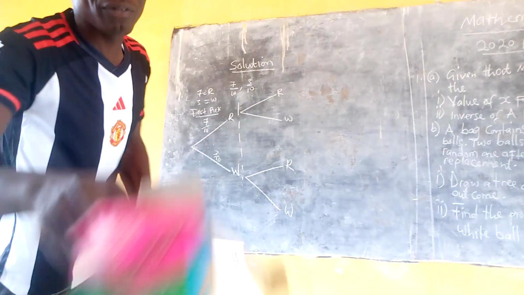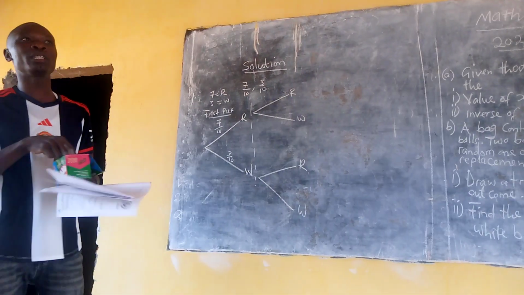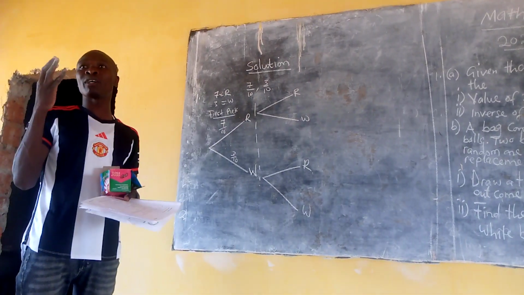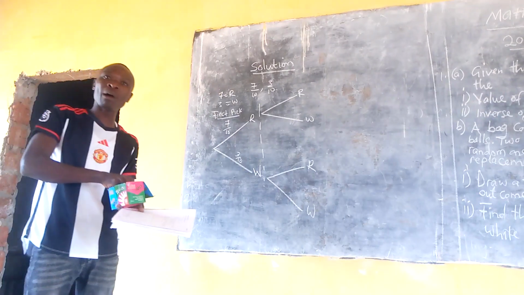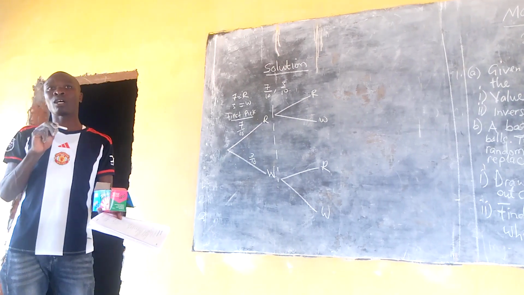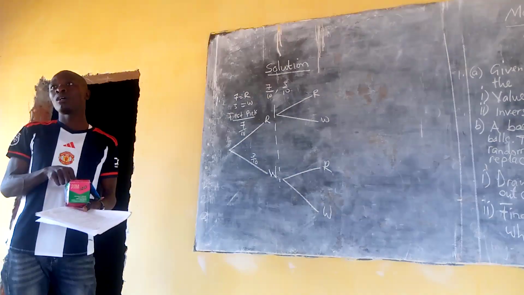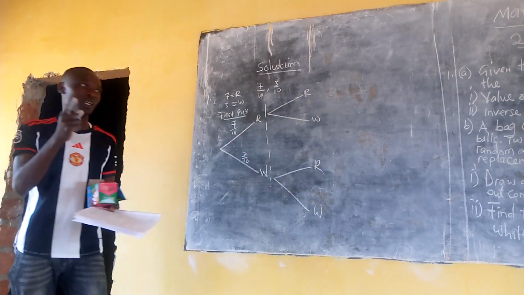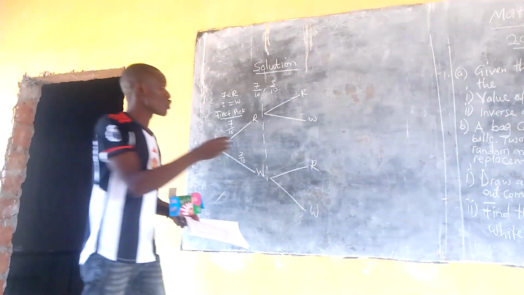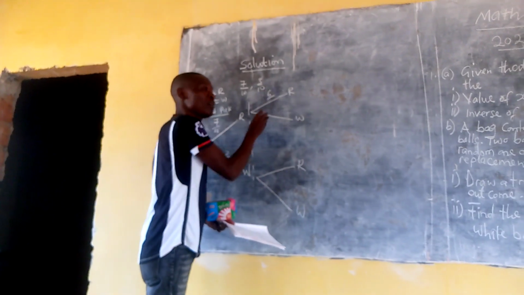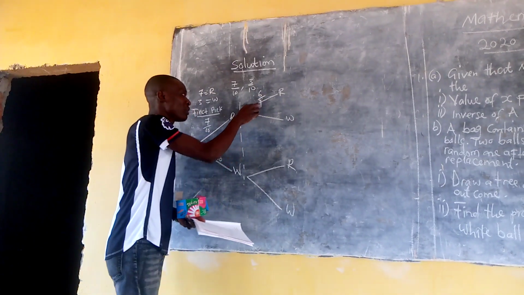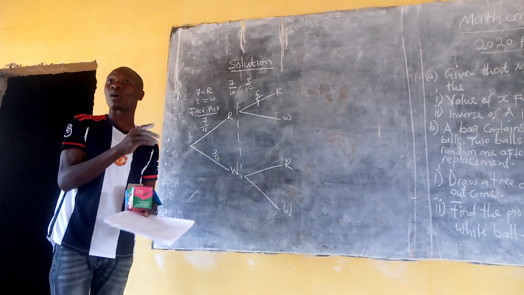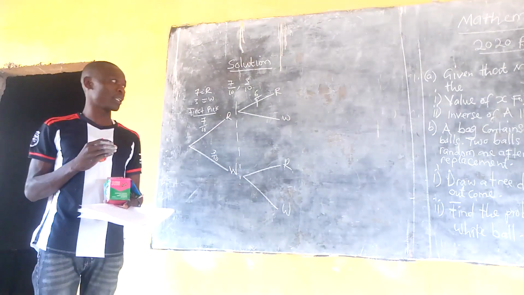For example, if this is my bag and I've got 10 marbles, 7 are red, and 1 marble has been picked out, how many marbles are we going to remain with? 9 in total. And then the red will be 6, so it will be 6 over 9. Why 9? Because the total number of balls has reduced. Are we together?